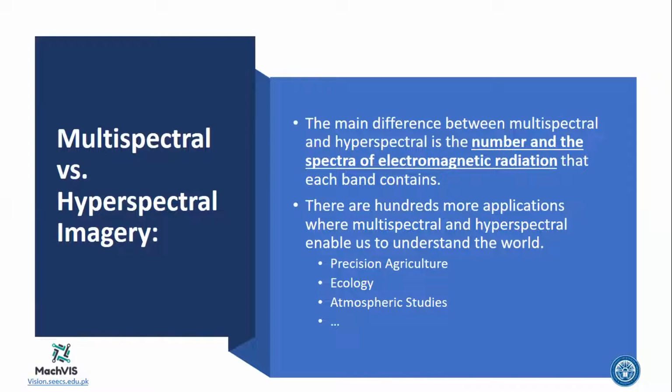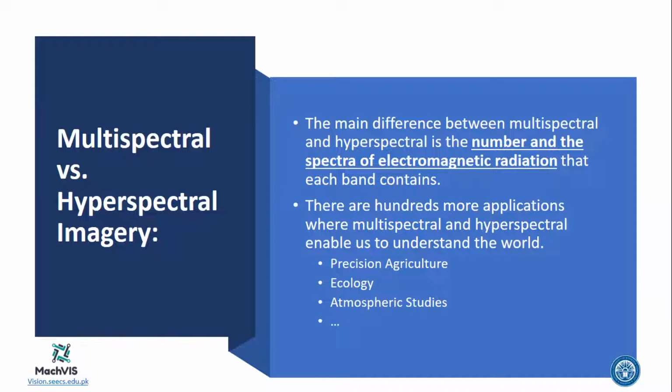The main difference is that in multispectral imagery, the spectrum is divided into several bands. Let's suppose we are talking about the visible band: in multispectral imagery, the visible band is only divided into three regions, three bands, red, green, and blue.